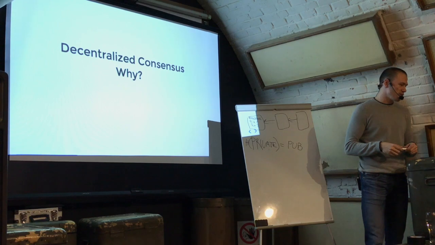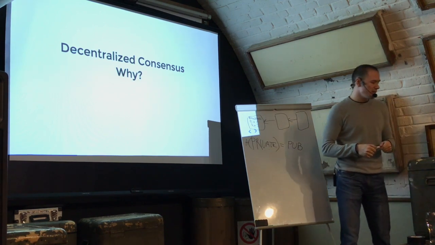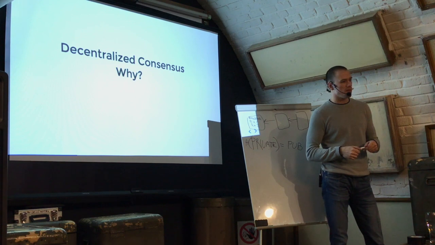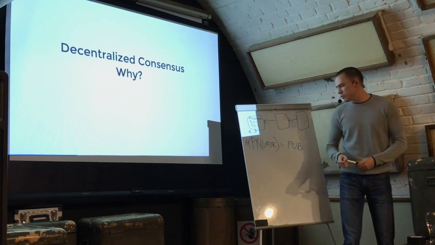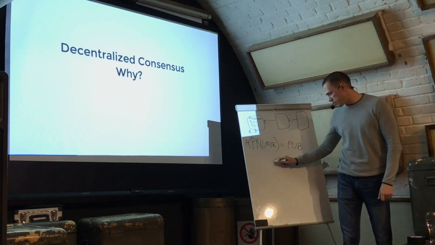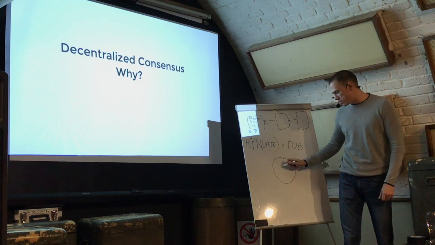So let's talk about the thing that actually made this whole Bitcoin thing special. It's the decentralized consensus. Basically, so far we only had mostly centralized systems, which is the way banks work right now. You have one central peer that holds all the data, and this is the center of trust.